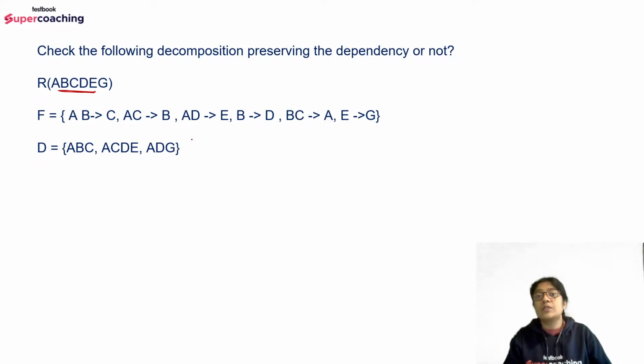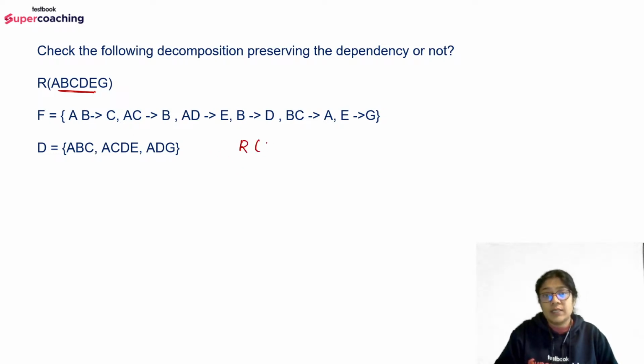You might be given some relation which is decomposed into sub-relations, and the functional dependency set will be given to you. And they may ask which of the following is correct. Given decomposition is dependency preserving and lossless. Dependency preserving but not lossless. Not dependency preserving, lossless, not dependency preserving, not lossless. Something like this. So just try with this one.